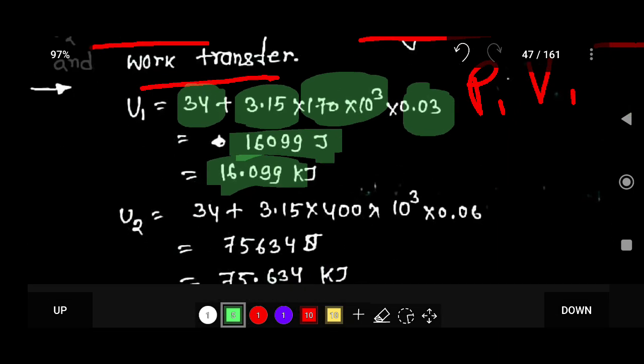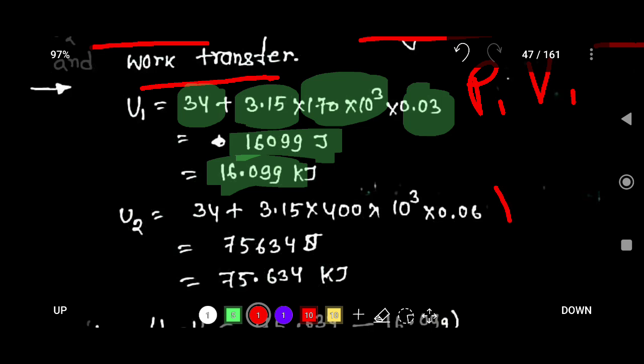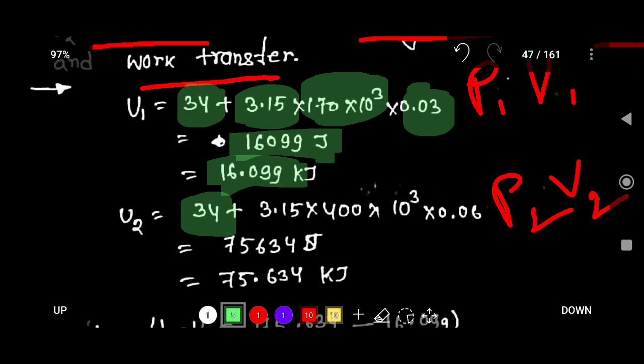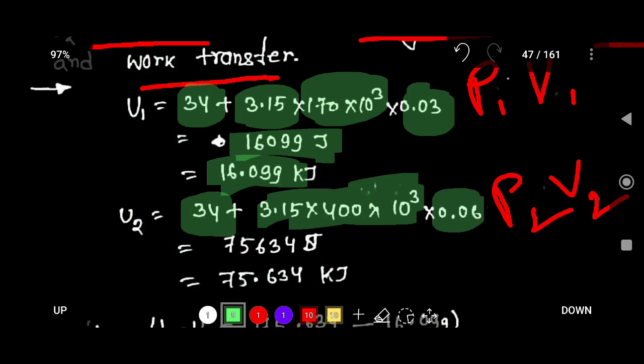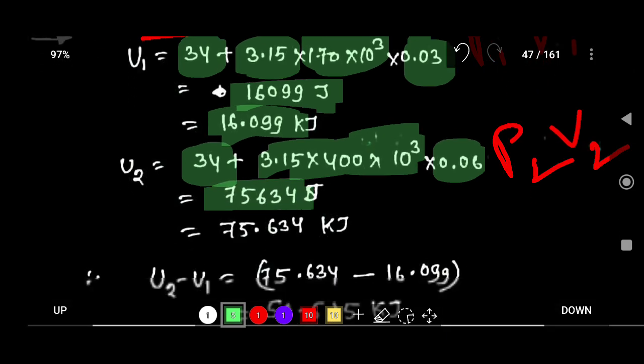Now P2 and V2 values are also given. From here, that is 34, the constant is given, and 3.15, and pressure is 400 into 10 to the 3, 400 kilopascal is given. So it will be 400 into 10 to the 3, and volume is 0.06. From here you can get 75634 joule, and from here you can get 75.634 kilojoule.